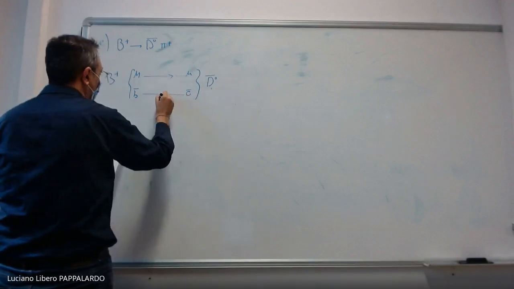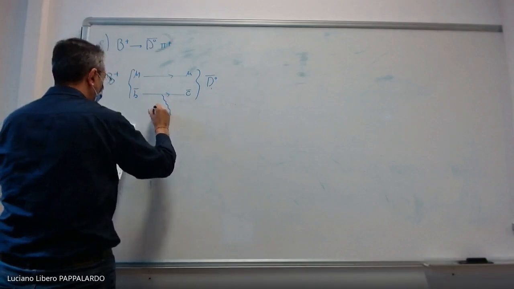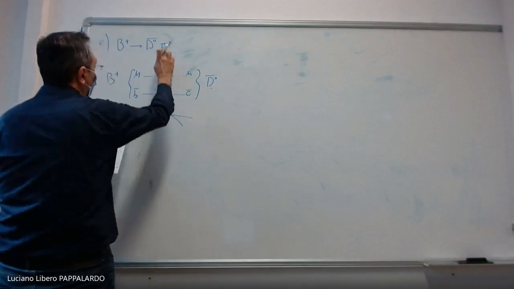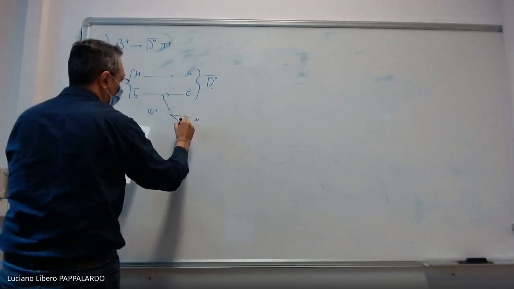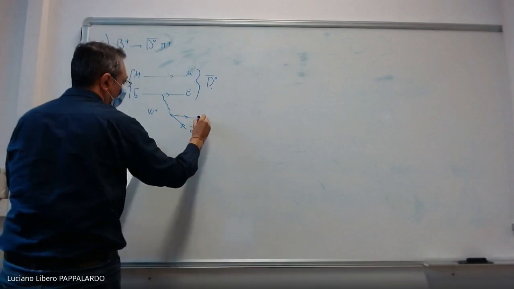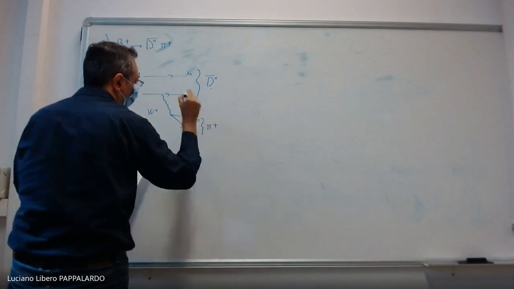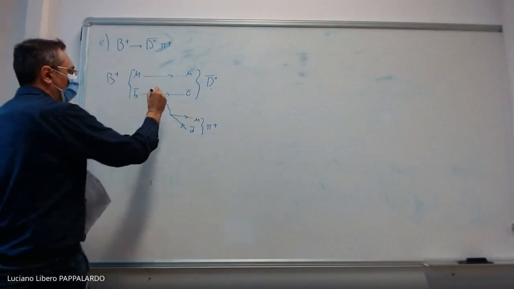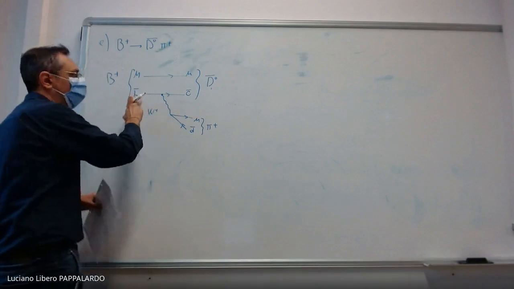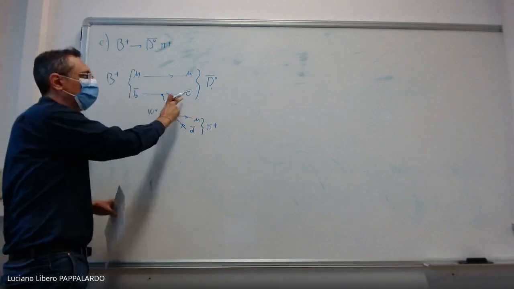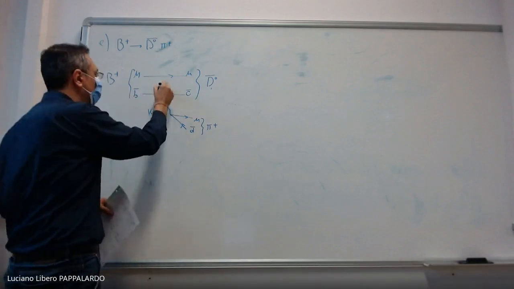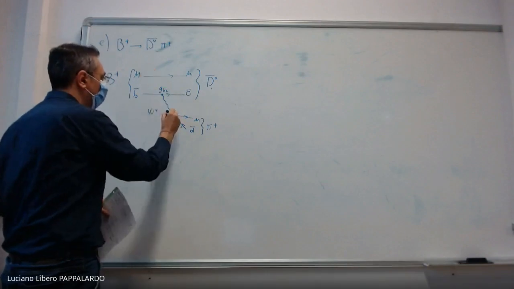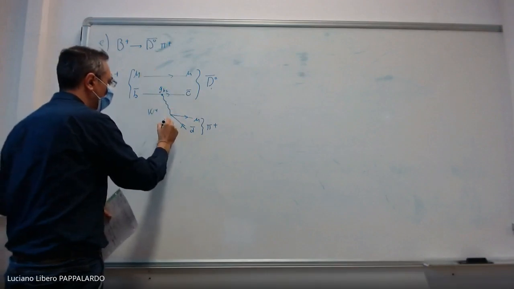This transforms with emission of a W plus that goes into a pion plus, so a u d bar. Now, let's consider the couplings. So here we have a transition between the third and the second family. So this is the G_bc, and here the usual G_ud.